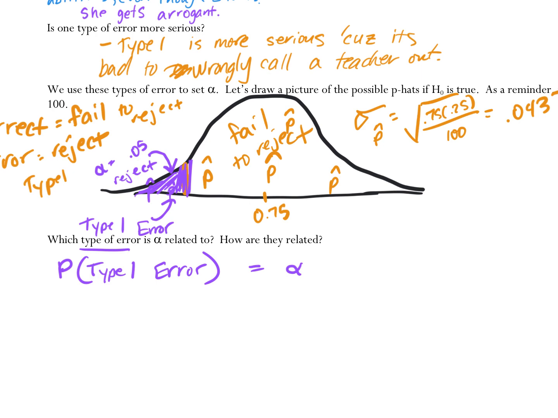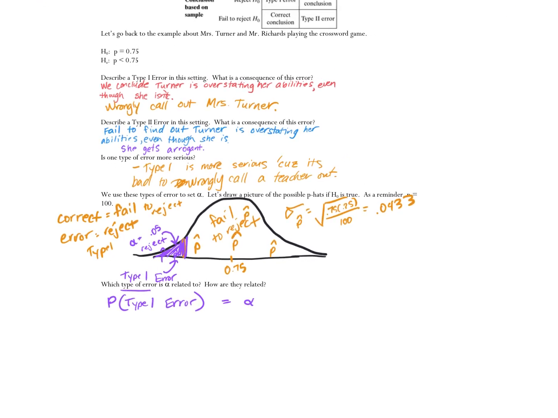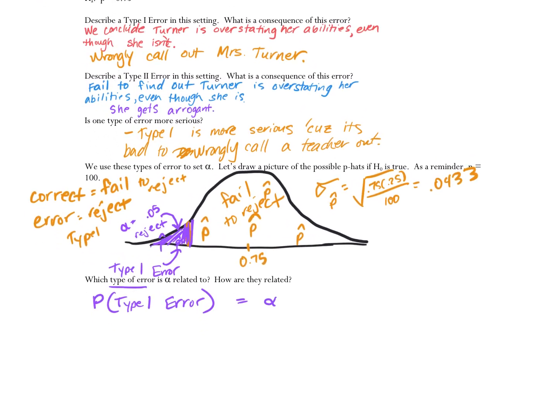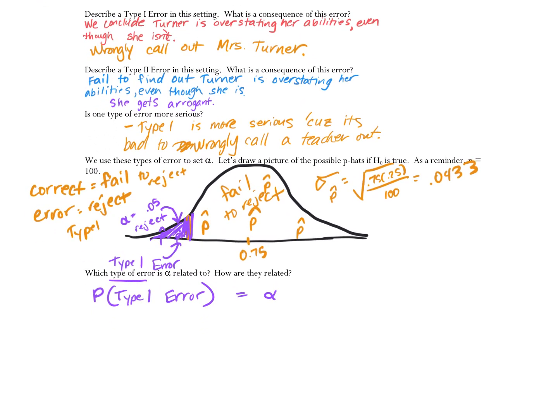Remember way back on Thursday, because it's been a long time, right? We went through and we said in this particular scenario, it would be a much bigger deal to conclude that Miss Lombardi's lying when she's not. Like a type 1 error would be a big deal, right? It was a more serious error to make. You guys remember this? In this circumstance, we might not want to set alpha at 0.05.